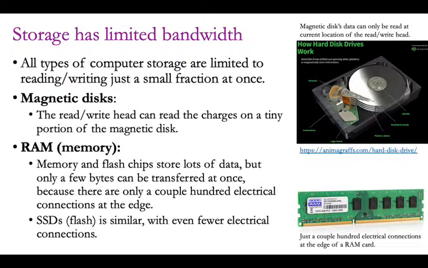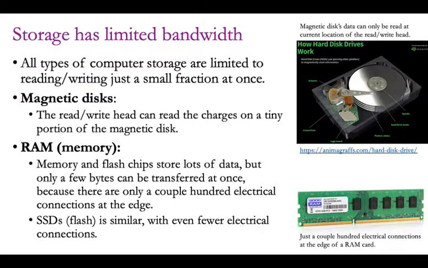Okay. So storage has limited bandwidth. Although the capacity of, say, a disk is quite large, at a given time, the computer can only access the data that's underneath this read arm that you see moving back and forth. This magnetic platter has bits encoded on all the different locations using magnetic charges, and to read or write those charges, the disk has to rotate to the right angle, and the arm has to move angularly to get to the right position, right?